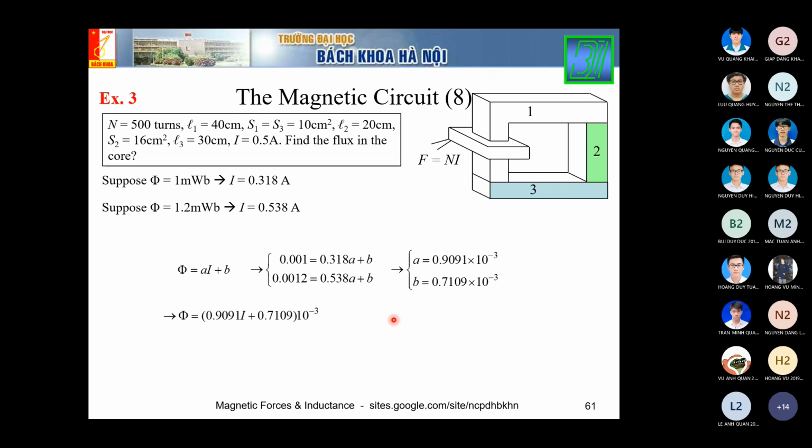And here we are. The relationship here was found. And according to the requirement of this exercise, the current must be 0.5. So you can change I here into 0.5.